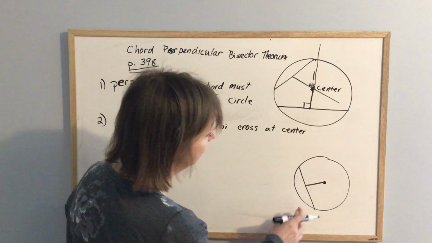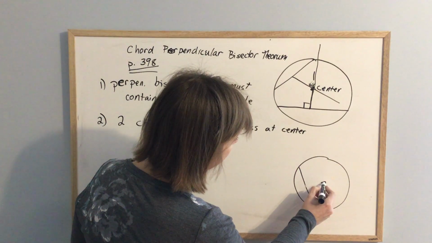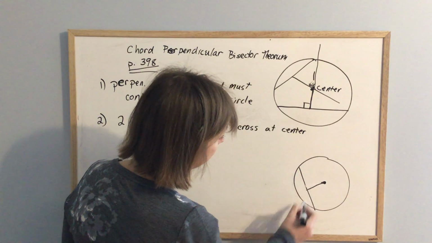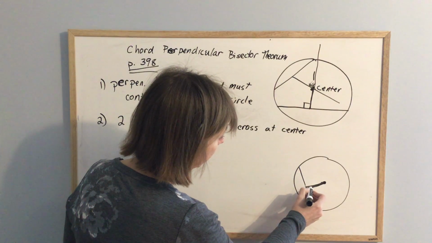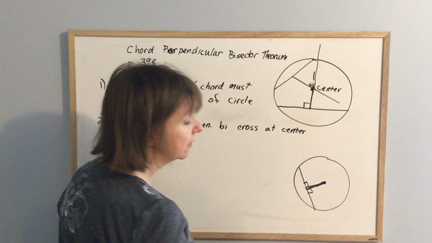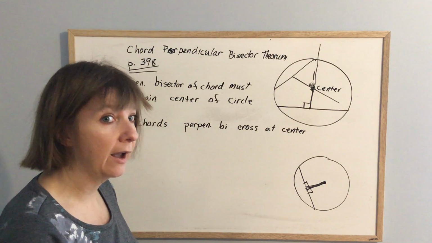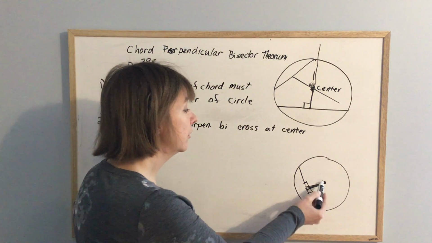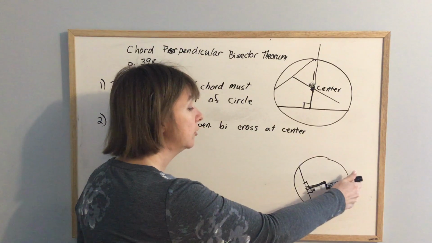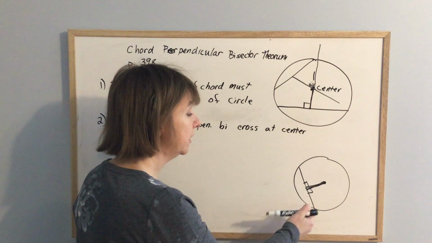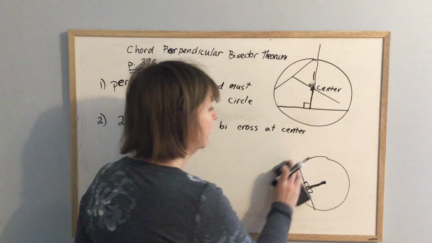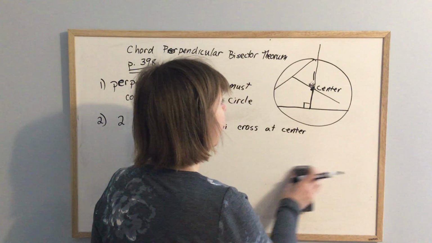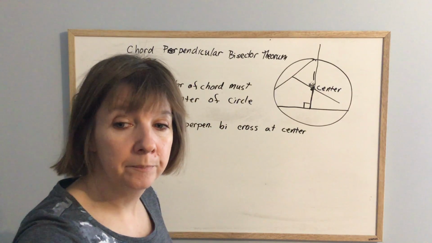Now, obviously on my drawing it's not. I don't think that was completely perpendicular. I think that probably is more perpendicular. But it would automatically cut that chord in half. So if you know where the center is and you can draw an exactly perpendicular line, it automatically cuts that chord in half.